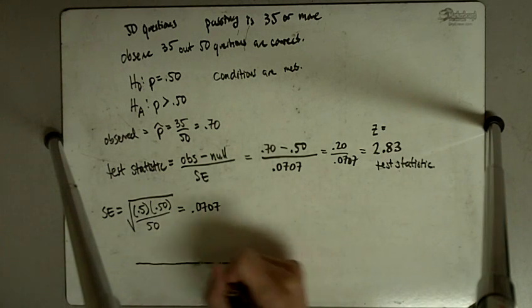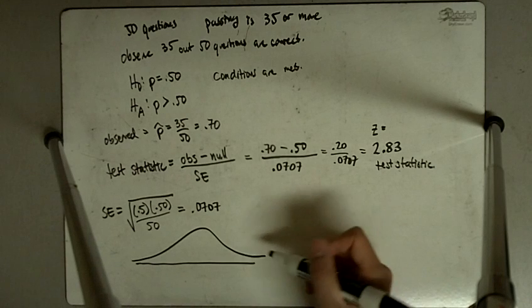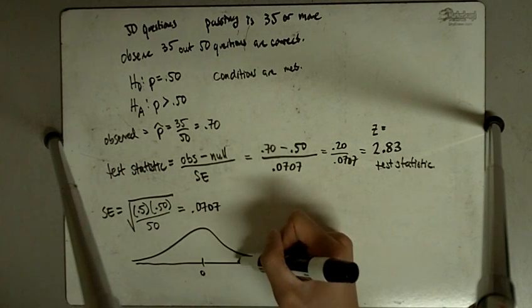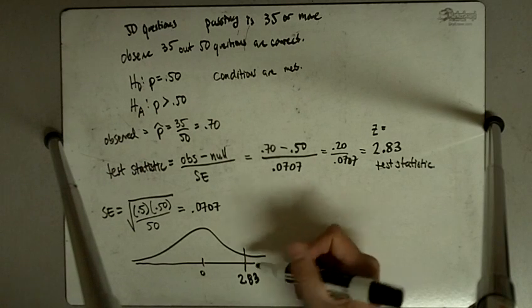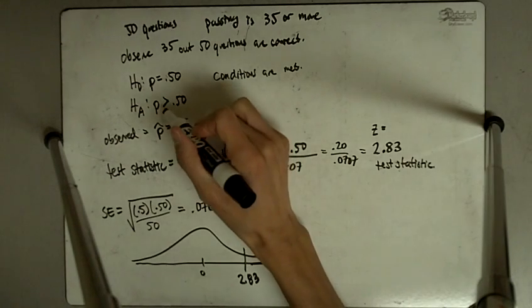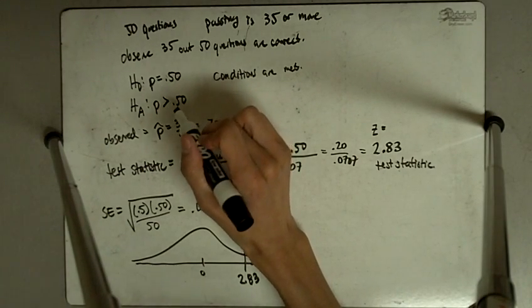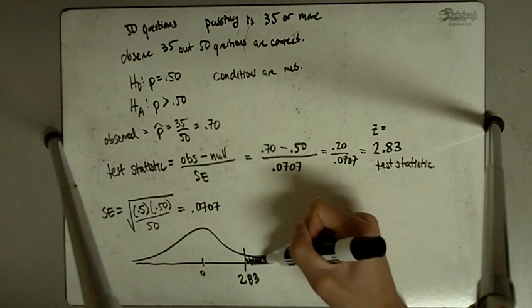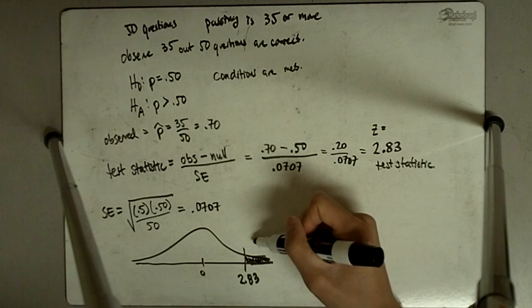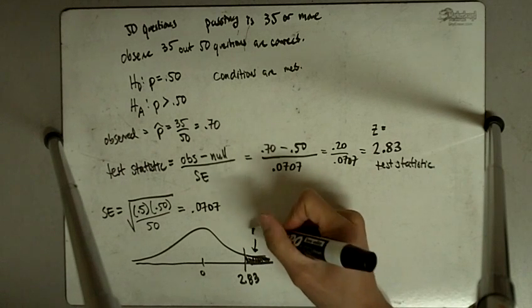According to my picture, I would be centered at 0, and I'm drawing a cutoff line at 2.83. Because my alternative hypothesis is p greater than 0.5, I only shade in the greater-than direction, and this area is going to be my p-value.